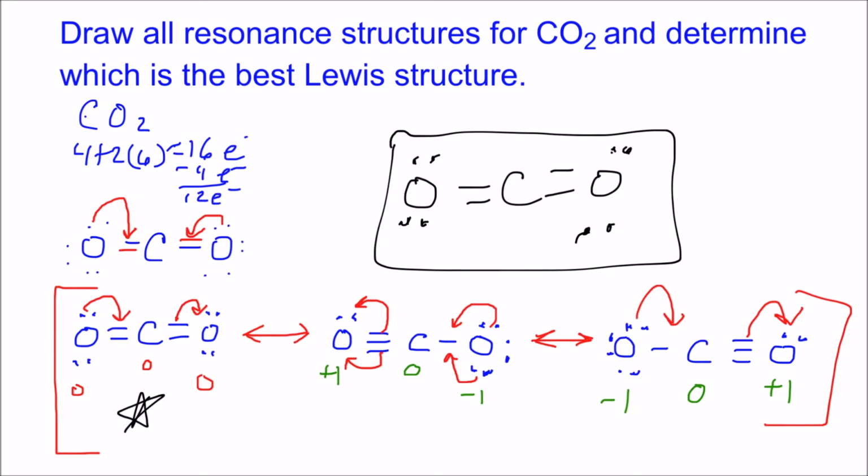So notice in this case, if I did that, I would end up with the best Lewis structure again, and again the arrows are all pointing in the direction of the positive charge, away from the negative charge.